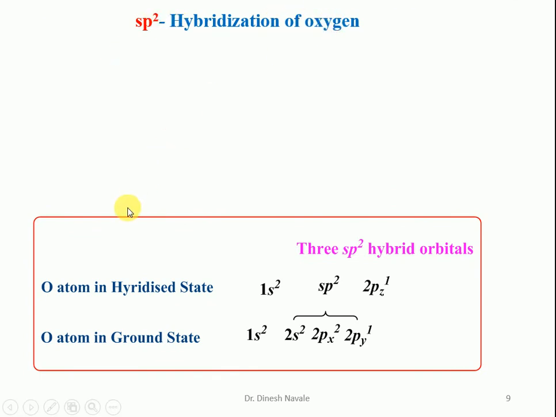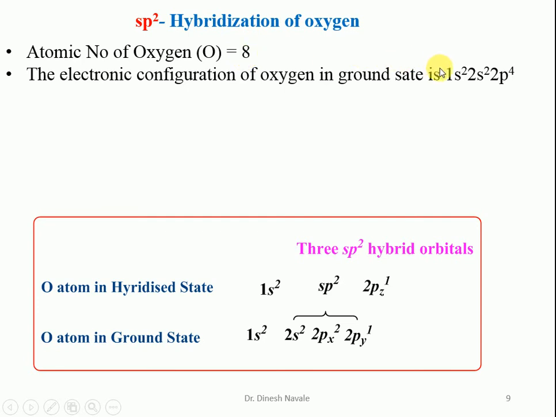For the oxygen atom, the atomic number is 8. So the ground state electronic configuration is 1s2, 2s2, 2p4. That 2p4 can be divided as 2px2, 2py and 2pz. But that 2pz is not going to take part in the bonding.